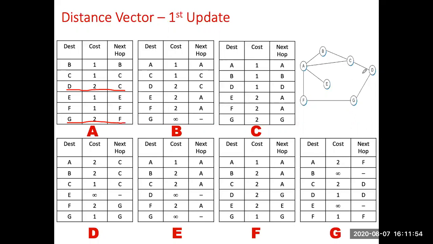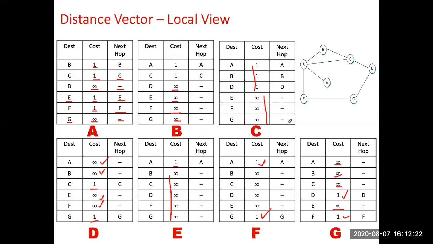Similarly for B, only two nodes were known, but the rest were infinity. And similarly for C, only three nodes were known, B, A and D, and the rest were infinity. We can see in the last slide that these nodes were infinity.